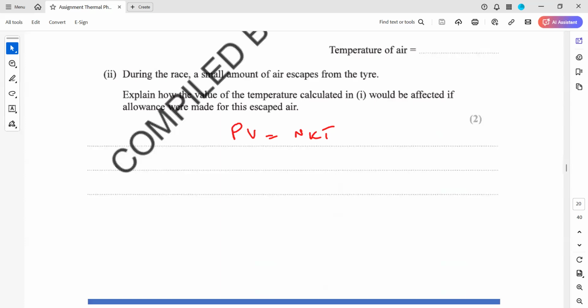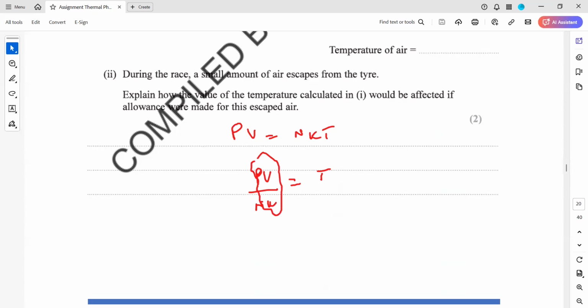If N is decreasing, then if I simplify, PV equals NkT. So consider P, V, k as constant, not changing.